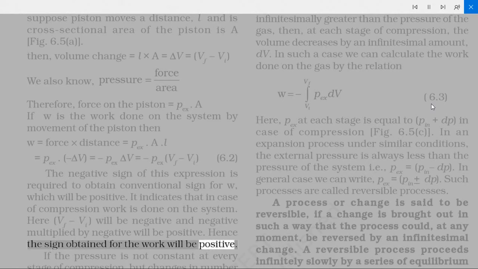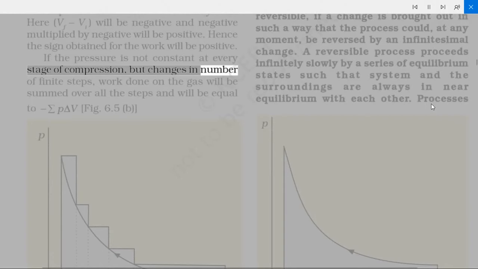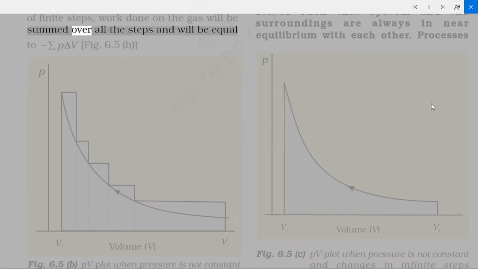If the pressure is not constant at every stage of compression, but changes in a number of finite steps, work done on the gas will be summed over all the steps and will be equal to minus the sum of P ΔV. Fig. 6.5 b.